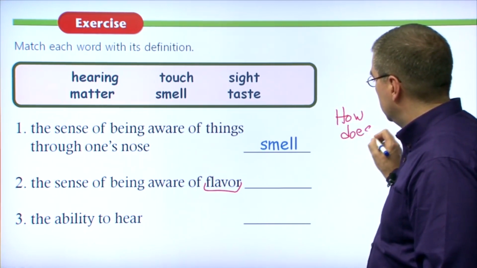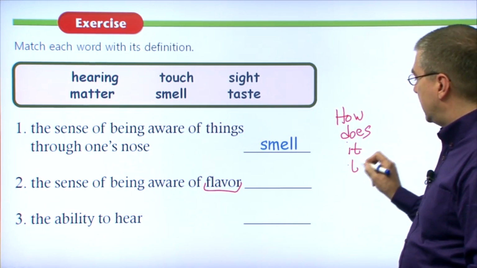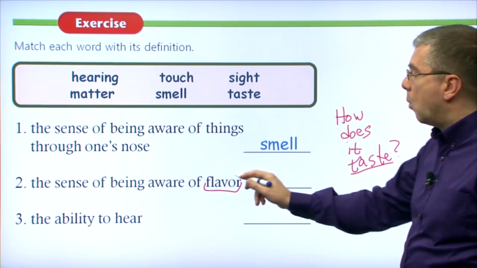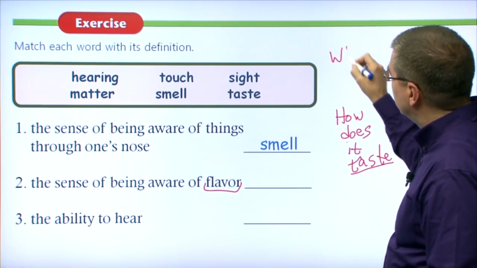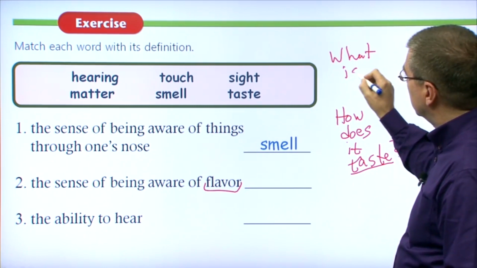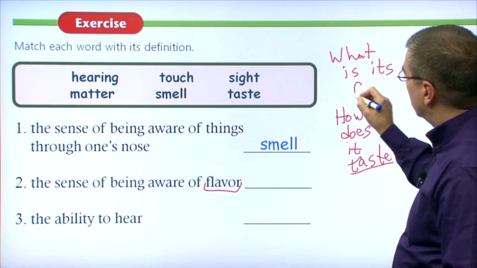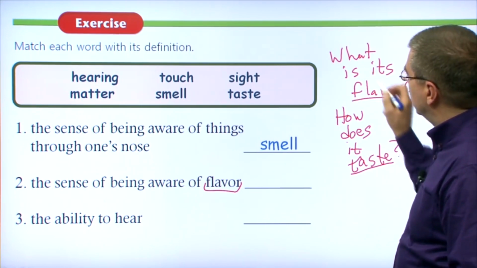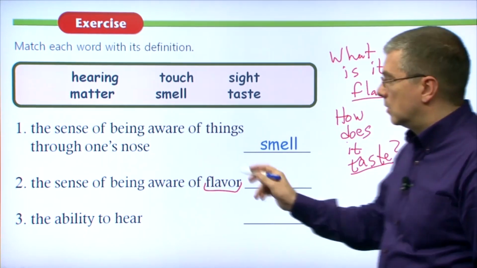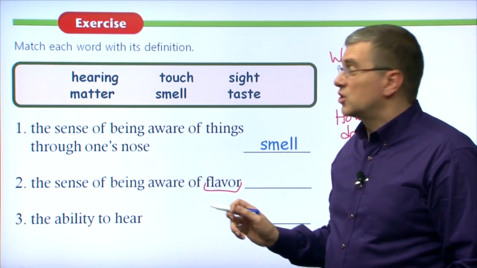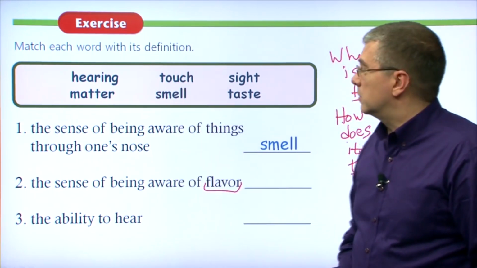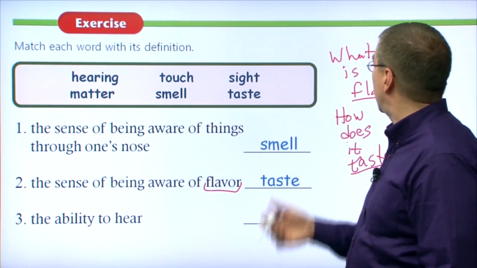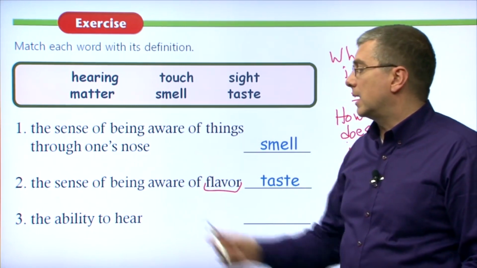What is its flavor? Okay, so we use these words in different ways. If you want to know the answer to the question, what sense do you use? You should, of course, use your sense of taste. Use your tongue. What does it taste like? How does it taste?